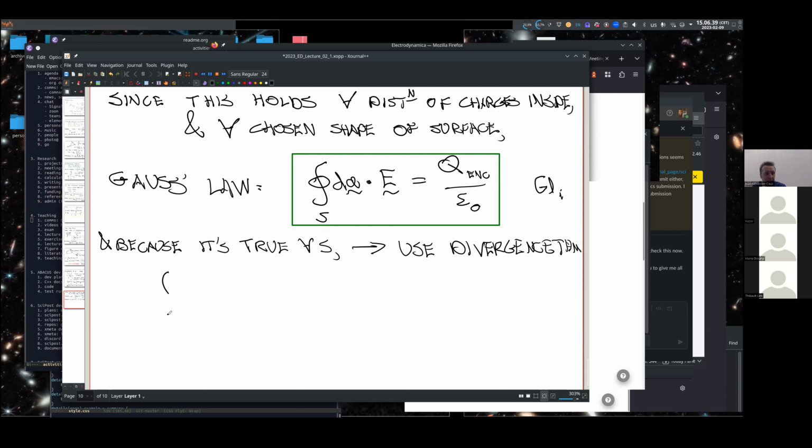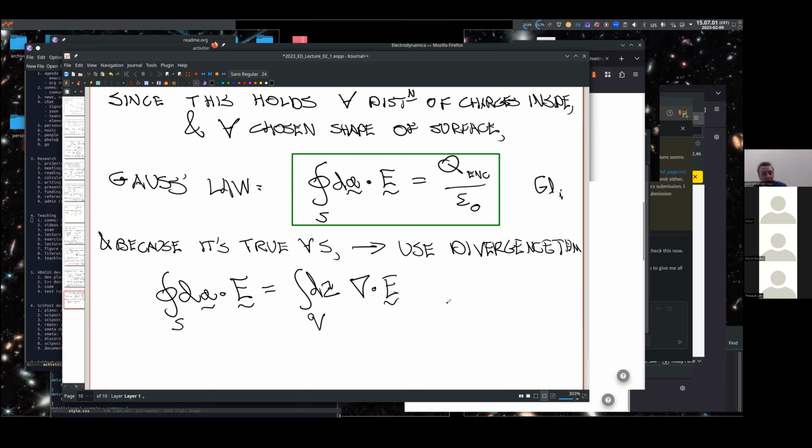The divergence theorem tells us that the closed integral of dA of this thing, over a surface, becomes a volume integral of the divergence of the vector field.